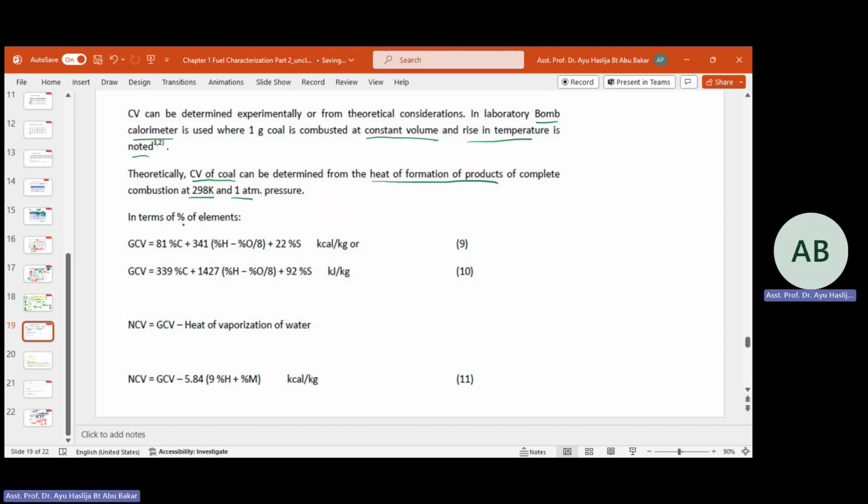So in terms of the percentage of elements, these are the equations. This one is to calculate GCV in kilocalories. This is the standard formula, which we call the Dulong formula.